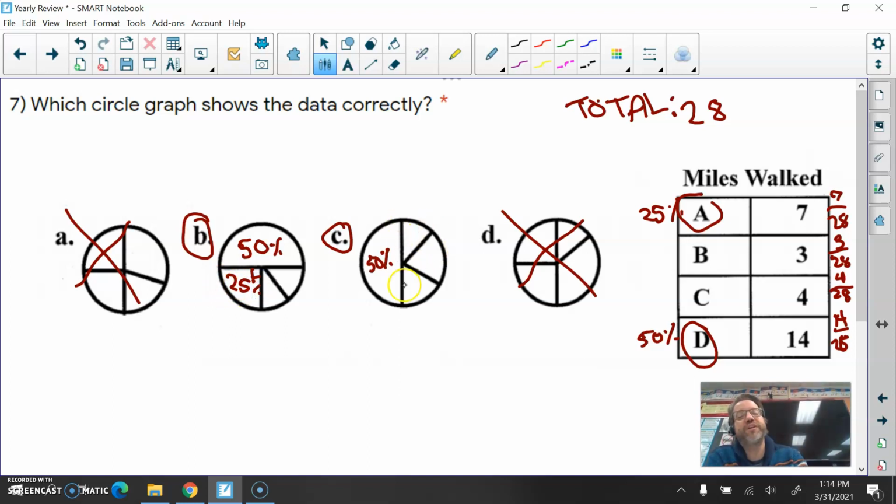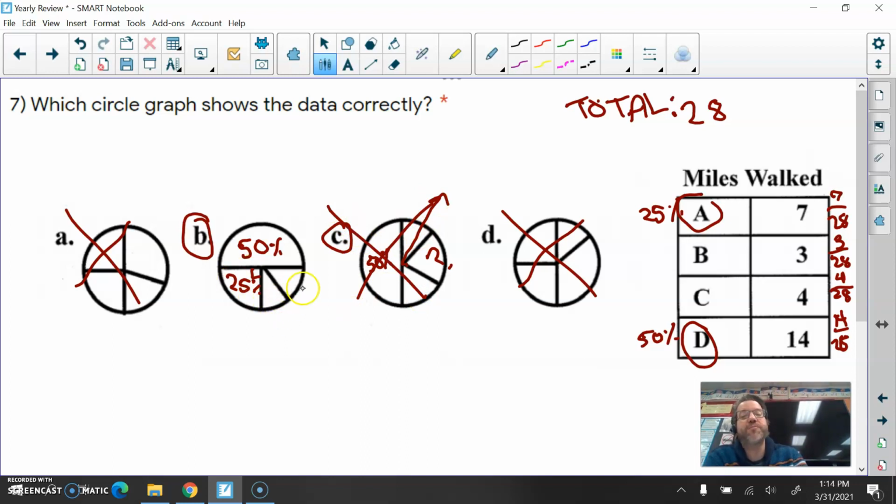Do we have a section over here that looks like 25%? Maybe. This section right here might be 90 degrees. It looks like it's a little less than 90 degrees. So maybe I'll put a question mark there, but I'm not convinced on that one. That looks like it's less. If it were 90 degrees, it would be more like that, wouldn't it? So I think with C, we'd be safe eliminating that one.